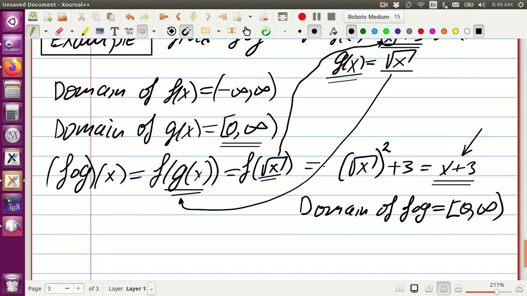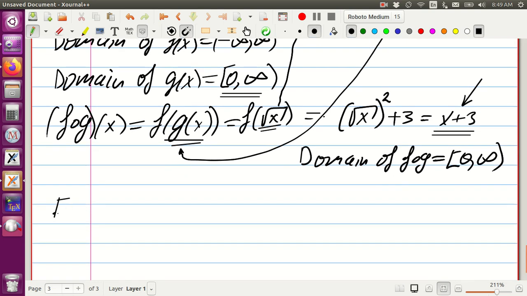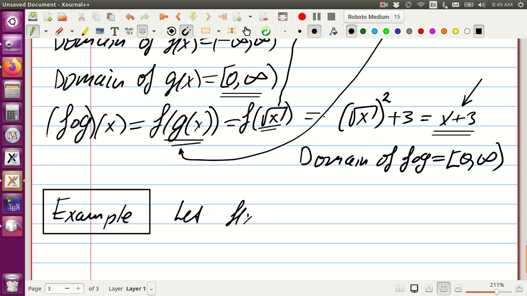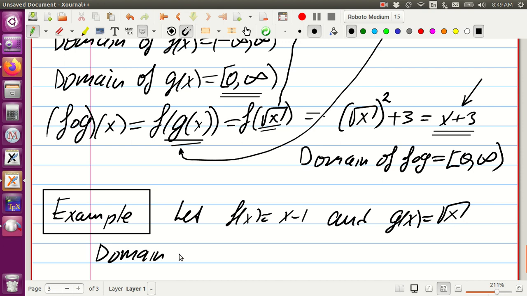All right, so let's do another example. So in this example, we're going to take f of x to be equal to x minus 1, and g of x, the same as before, is going to be square root of x. Oh, I forgot to say what to find.